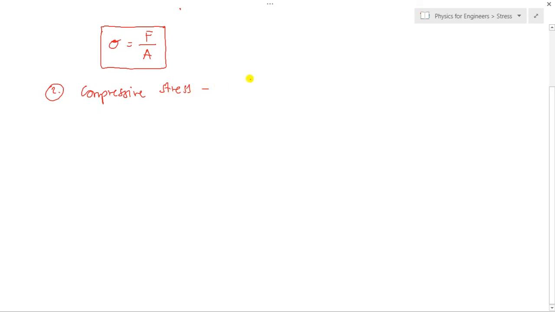So for a compressive stress, this is a stress due to compression, or it is being pushed, made smaller, squeezed. And then, this is associated with compressive force, or pushing force.